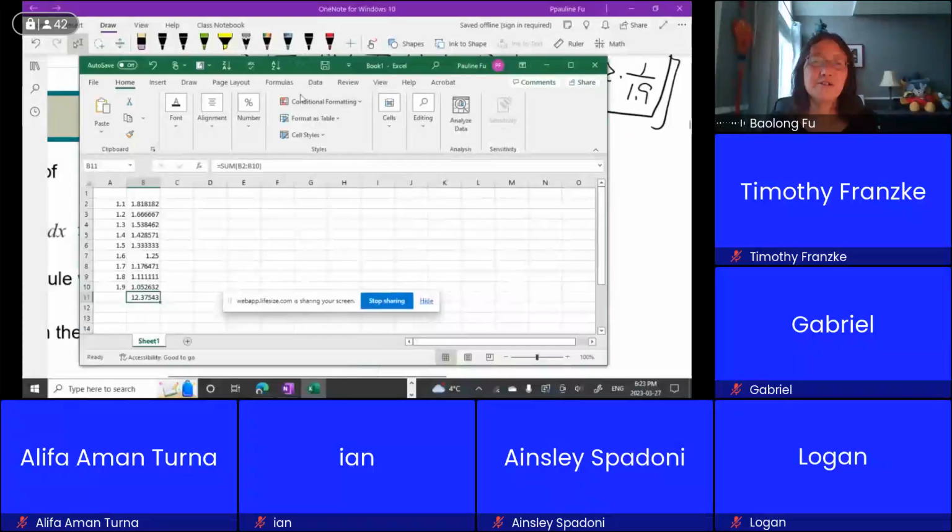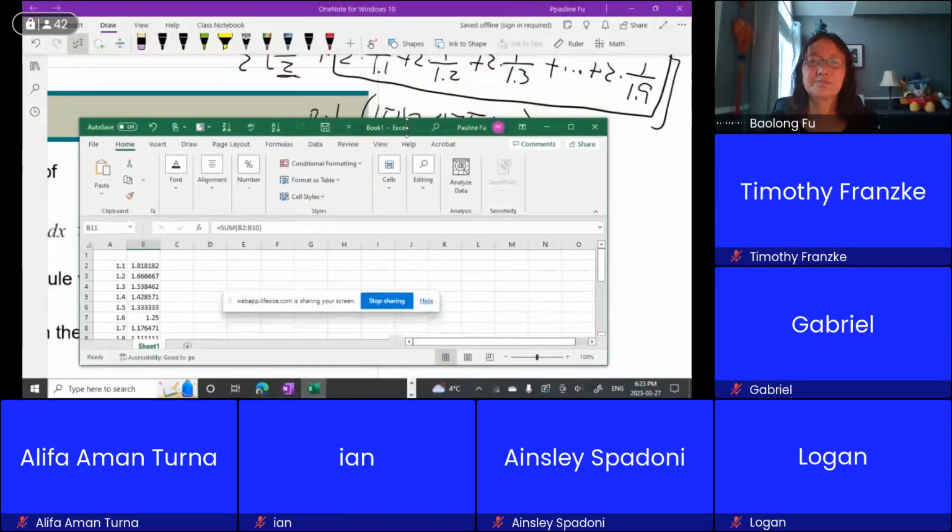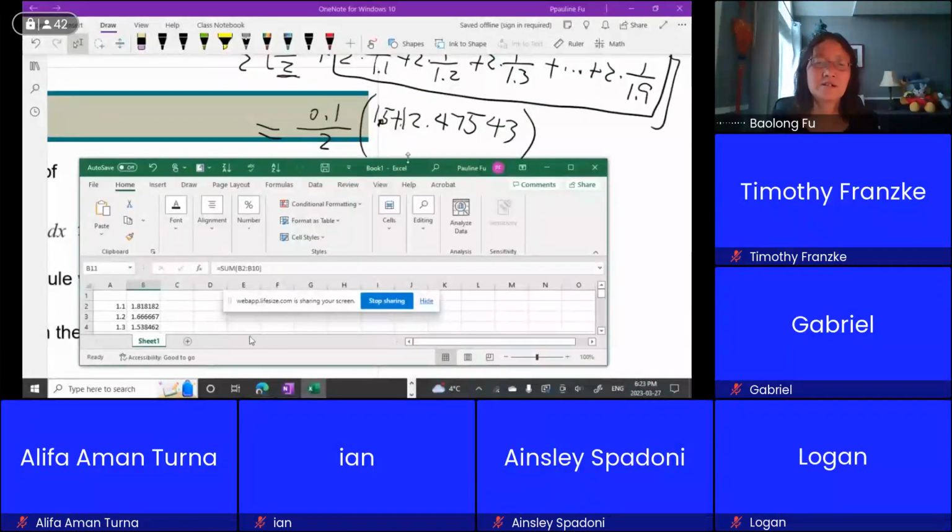Again, I will use Excel. Equal 0.1 over 2 times bracket 1.5 plus this number. So the final result, I got 0.693771.